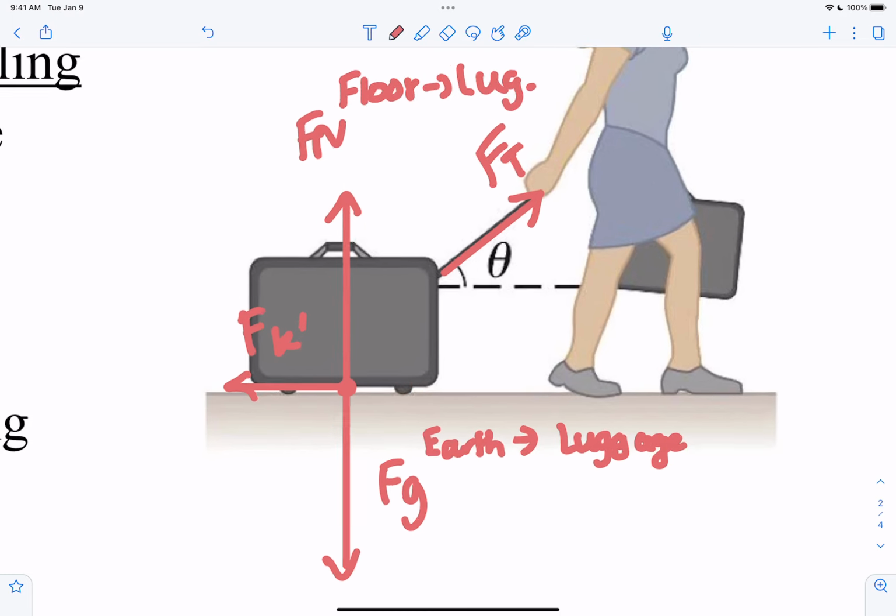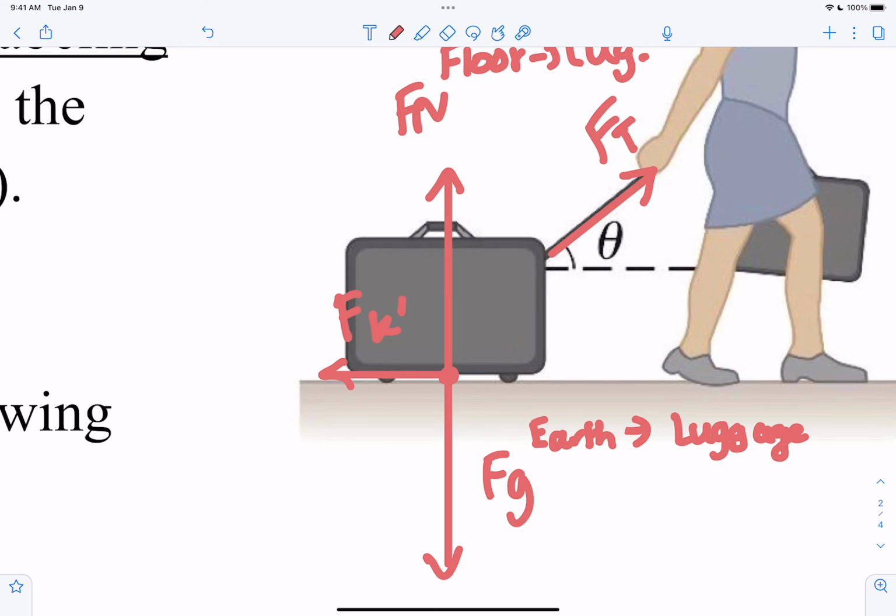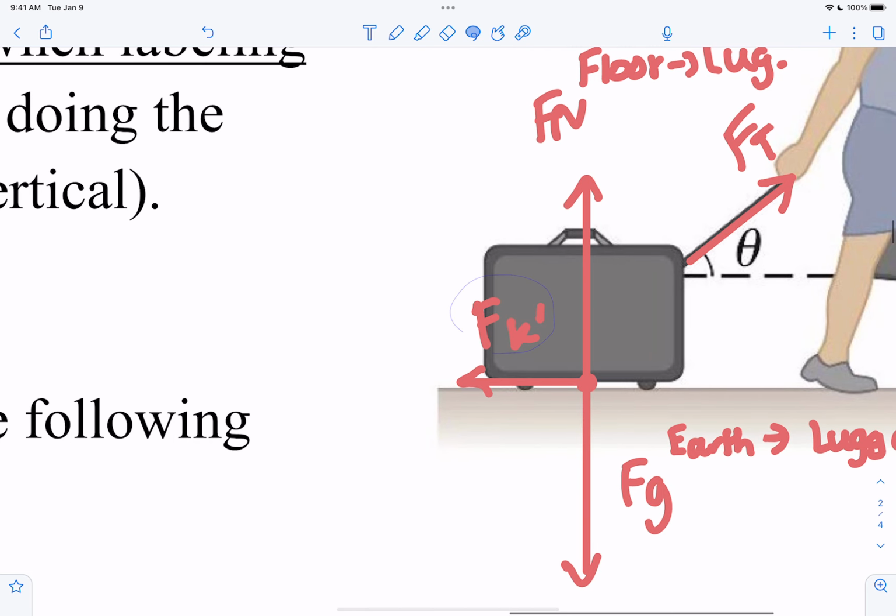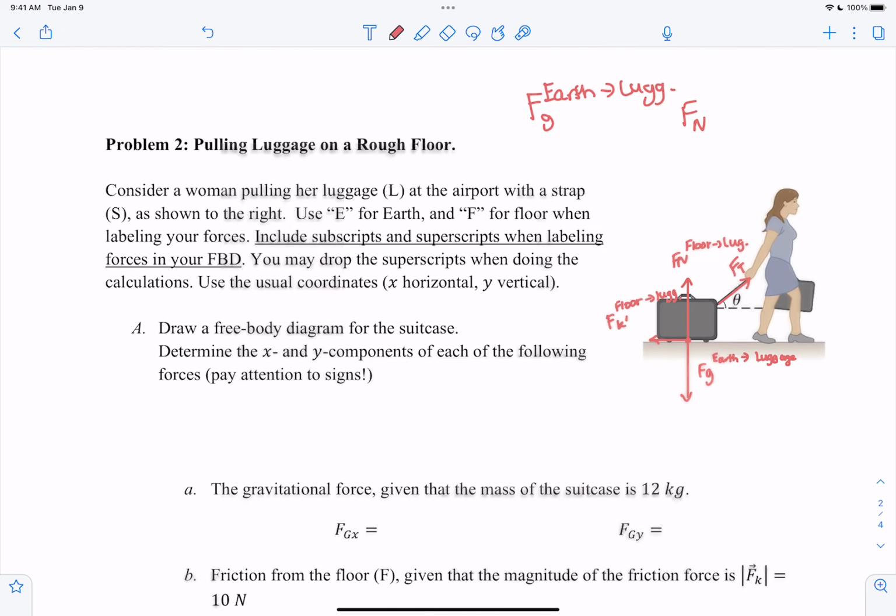Now, for this kinetic friction, what do you think that's going to be as well? Excellent. Yeah, floor on luggage, because that floor is rough.